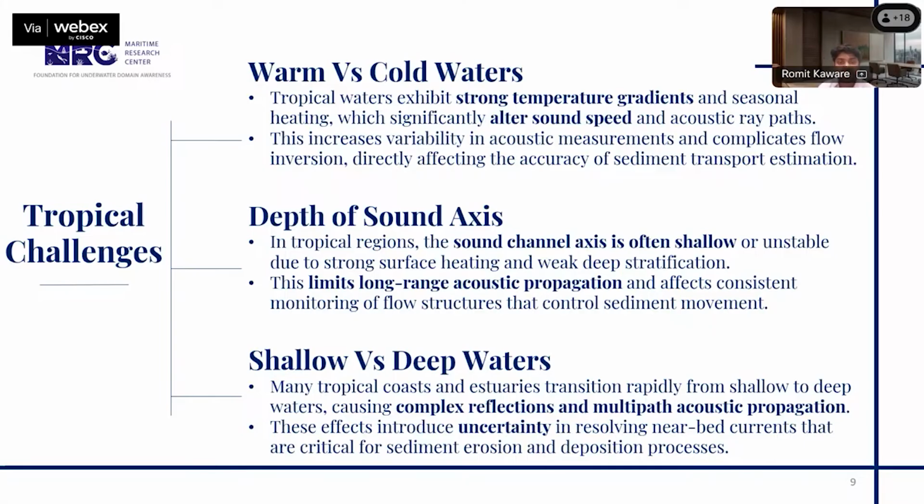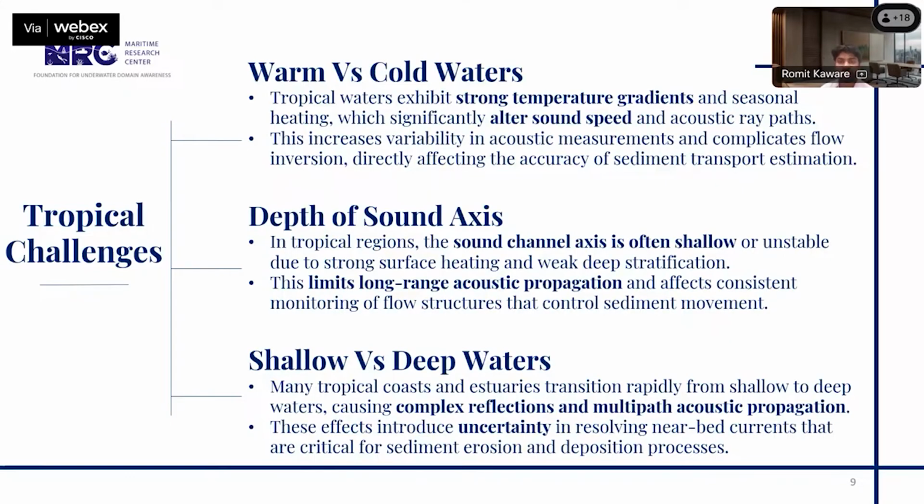One of the major challenges is that the tropical waters behave as acoustically shallow. What I mean by acoustically shallow is the SOFAR channel depth. The SOFAR channel is a channel which leads to very slow speed of sound and long-range acoustic propagation.